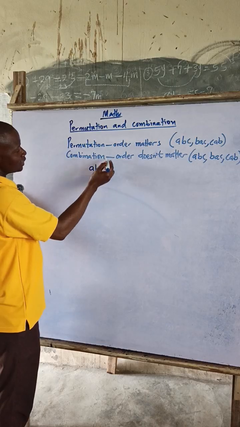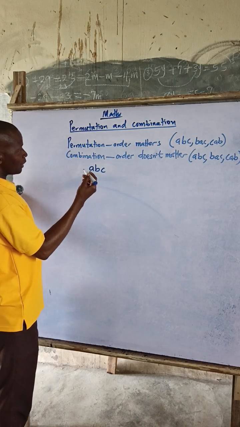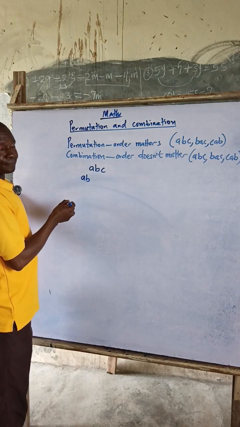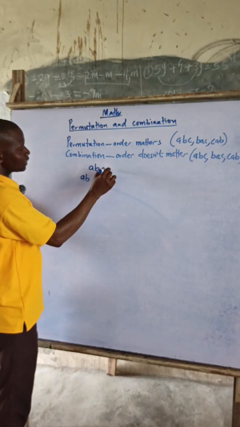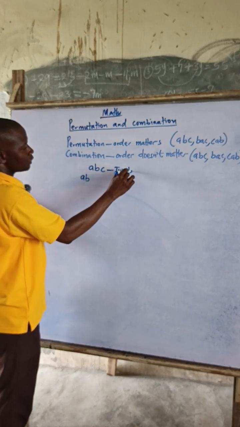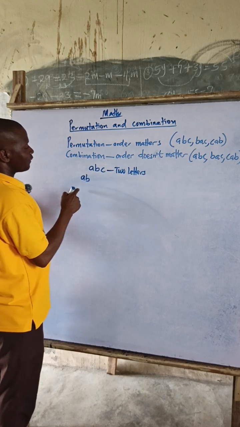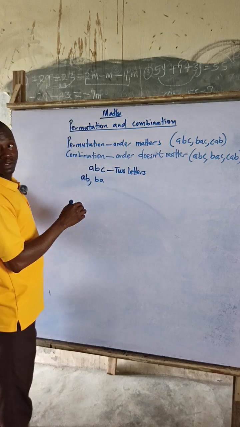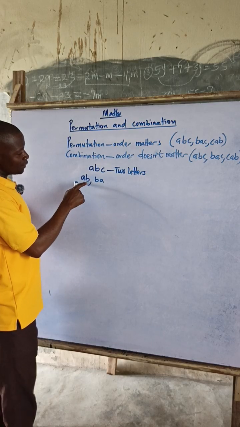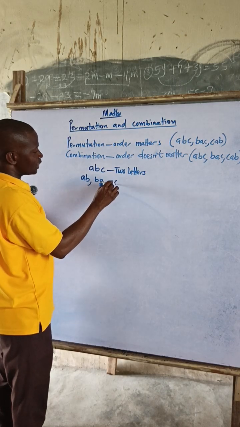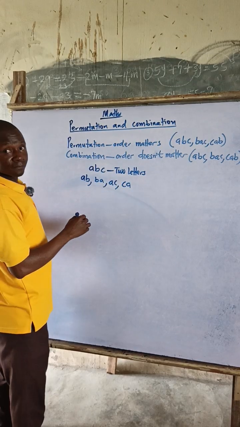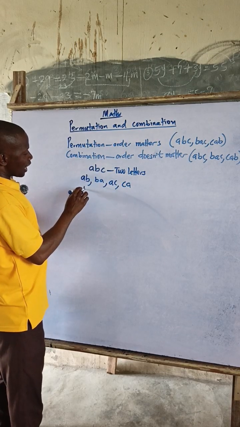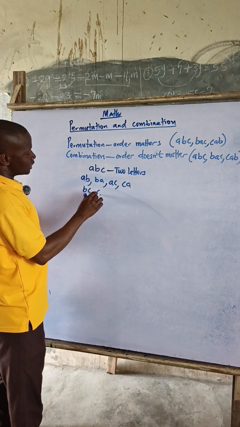Choosing two letters, we have A, B, and then we can also have B, A. We can also choose A, C, and we can also have C, A. Also, we can have B, C, and we can also have C, B.